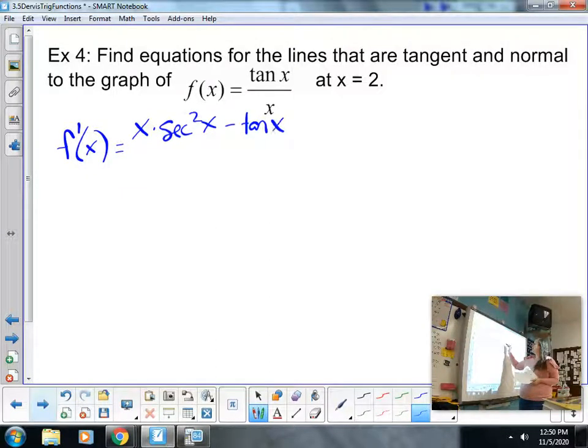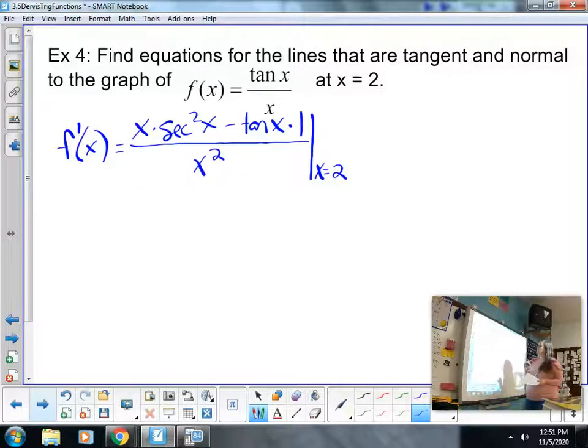Minus high d low, all over low squared. That looks kind of ugly. There's not really anything that we can do to simplify that. So at this point, we would just plug in 2. So I'm going to evaluate this at x equals 2. When you replace all the x's with 2's, you are going to end up with a rounded number of 3.433.